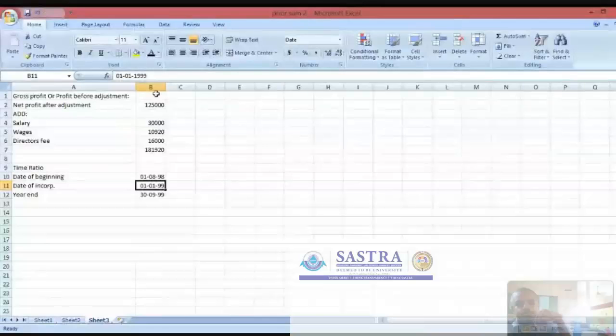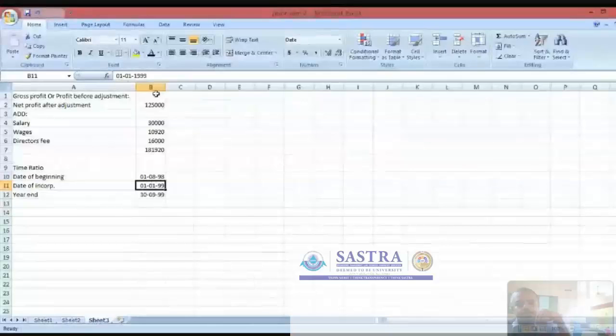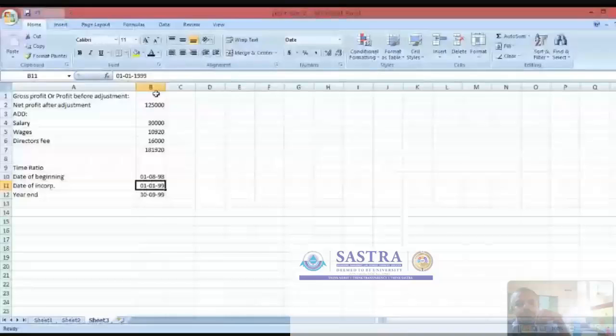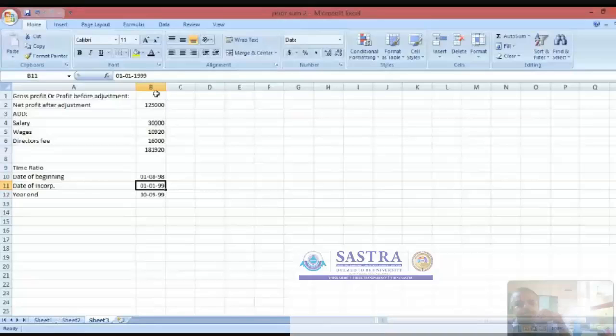That is why we added back and found the unadjusted profit. If there were no expenses, this 1,81,920 would be considered gross profit. So we are calculating the unadjusted profit to find net profit for pre-incorporation and post-incorporation. We are not finding any new information, we are finding split information. Do you understand? Yes, sir.